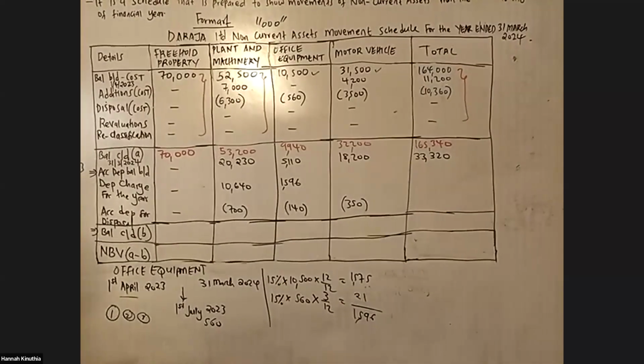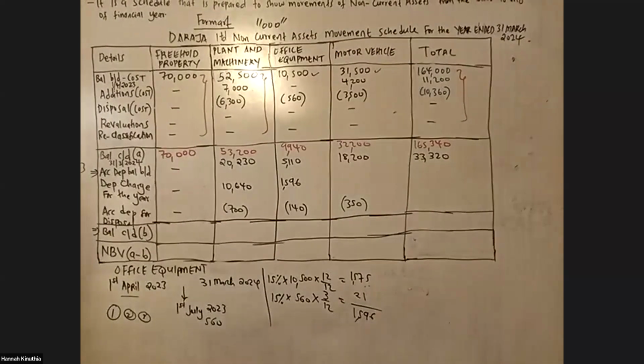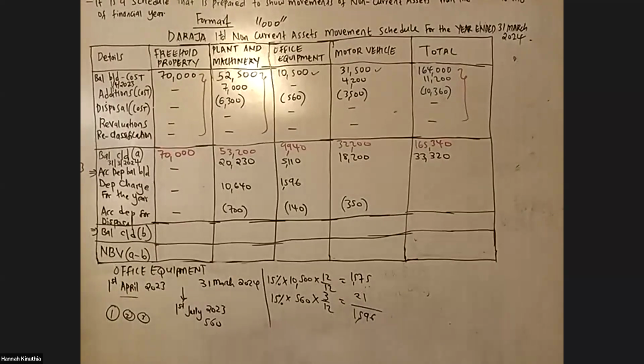Excuse me. So you're supposed to deduct. Yes. You're supposed to deduct this 21 for disposal. What are we deducting? It's disposal. Ilikuwa, ona it was disposed on 1st July, sivyo?